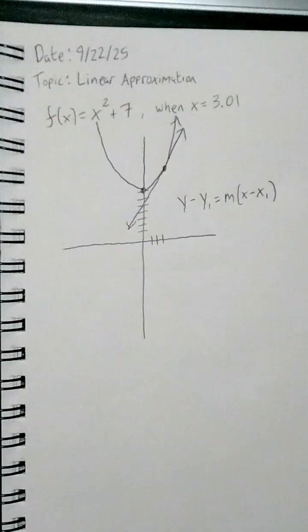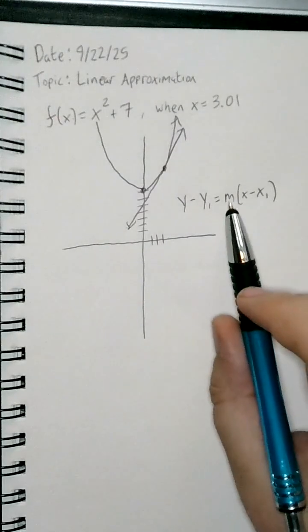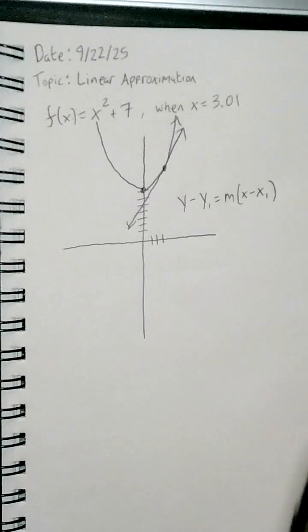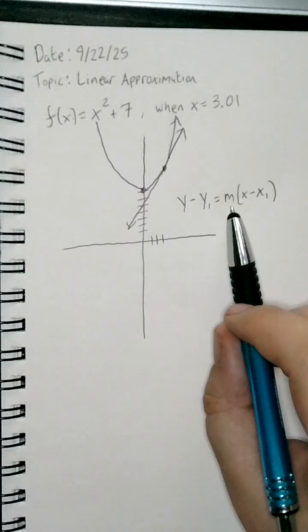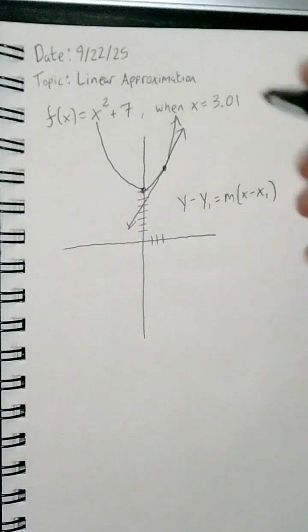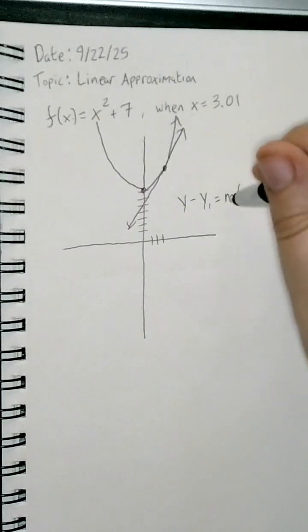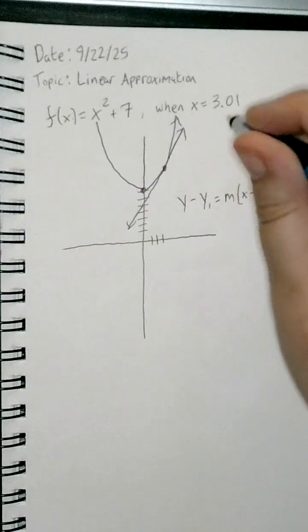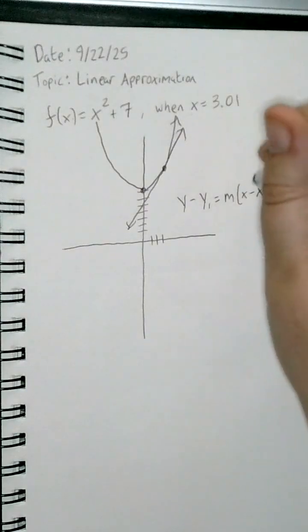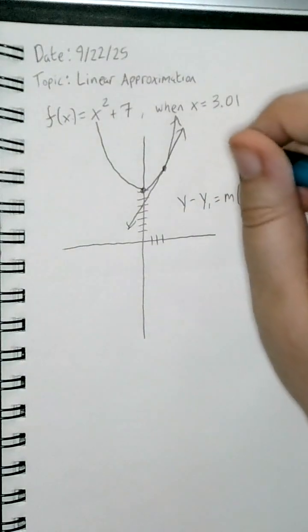Now let's plug in a couple things. What is m? M is the slope, but we also know another name for a slope. It's called the derivative. The derivative, remember, tells the story of the slope. So instead of m, I'm going to have m be f prime of x.